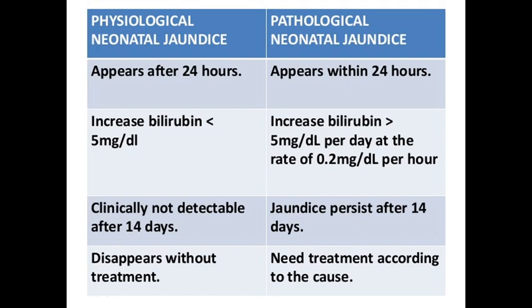But you have to remember, this physiological neonatal jaundice usually appears after 24 hours of birth. That is, it never appears within the first 24 hours of birth. It always appears after 24 hours, and the bilirubin concentration in blood is not that high, less than 5 milligrams per deciliter, and it will stay for about 2-3 days, and then it will go off.